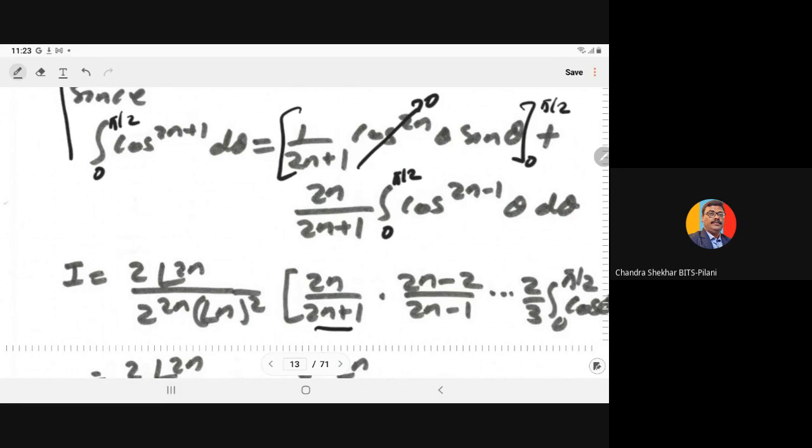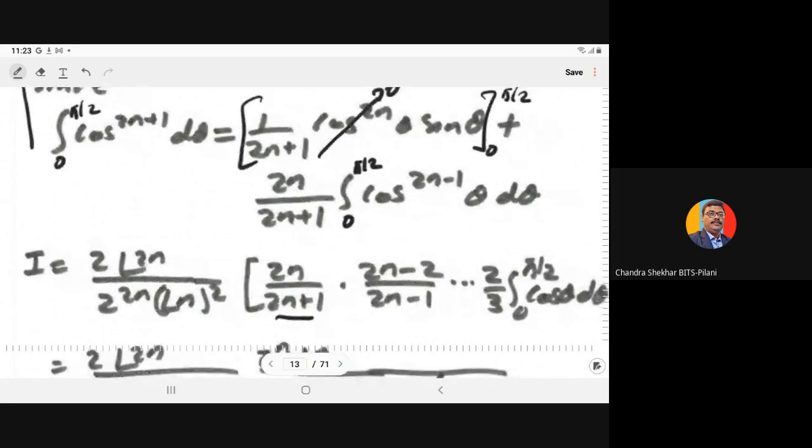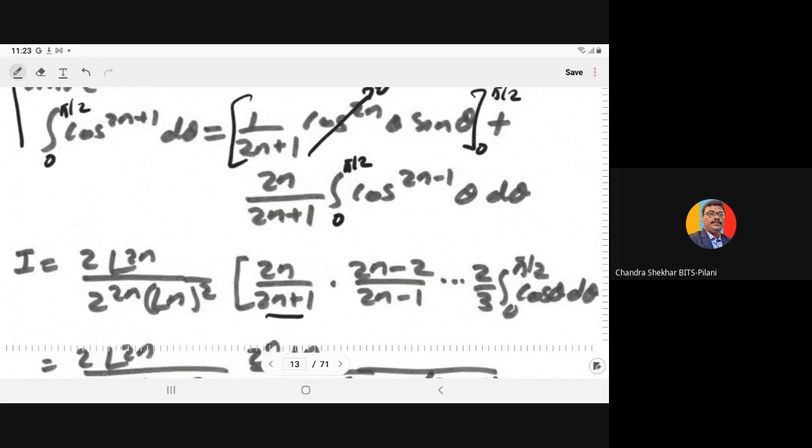So in the same fashion, if you proceed, you will get 2 into factorial 2n upon 2 to power 2n factorial n whole square. Inside the bracket you have 2n upon 2n plus 1 into, from the second integral, 2n minus 2 upon 2n minus 1, and so on. And at last we have 2 upon 3 and the integral 0 to pi by 2 of cos theta.